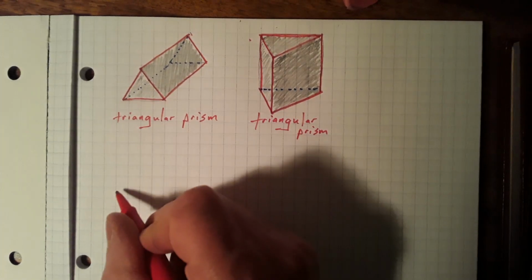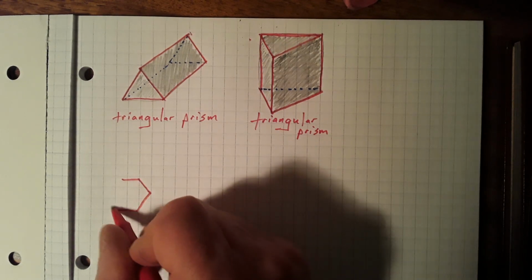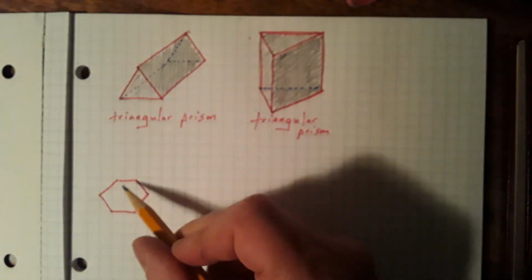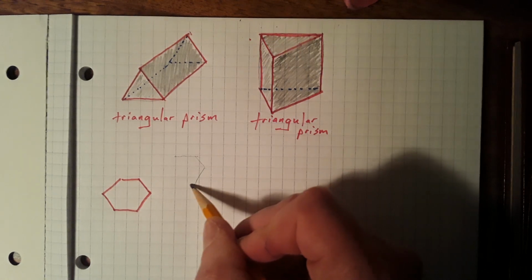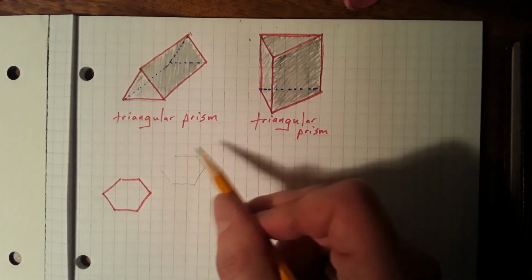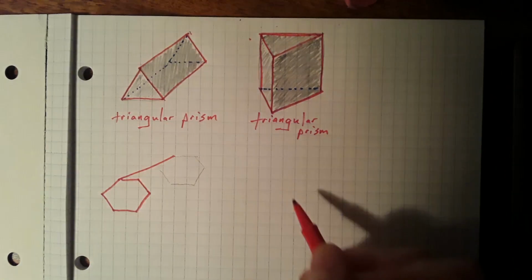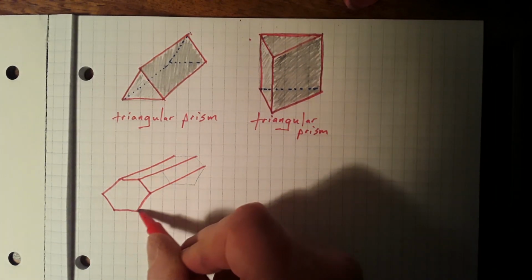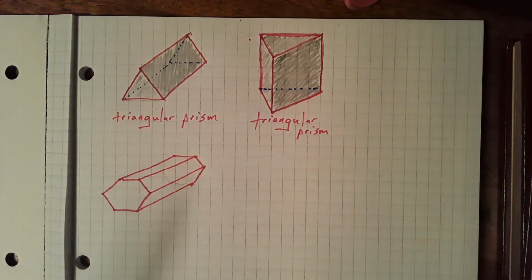So for example, here's a hexagonal prism. There's a hexagon. I will, in pencil, draw the same hexagon. And since I've done this before, I know which edges I'm going to be able to see, and which ones need to be dashed in.